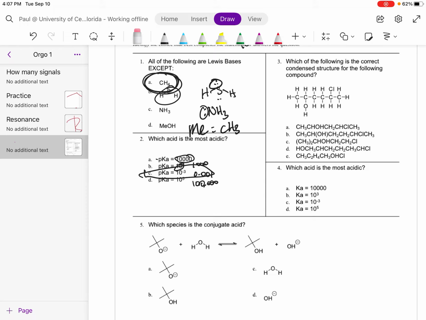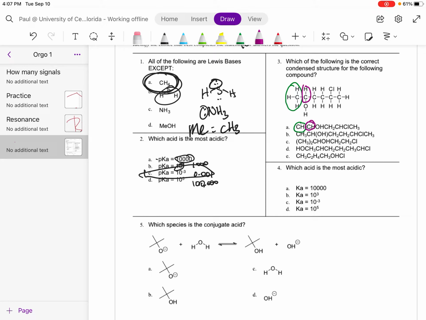So let's take a look at number 3. Condensed structures. Well, let's just go from left to right. Try to color code this the best we can here. That's a CH3, CH3. And then we have a CH.